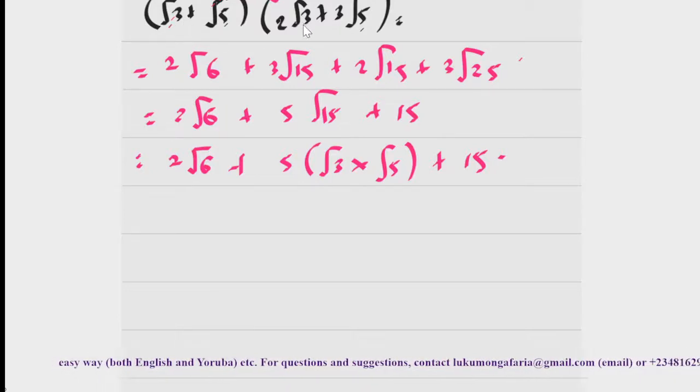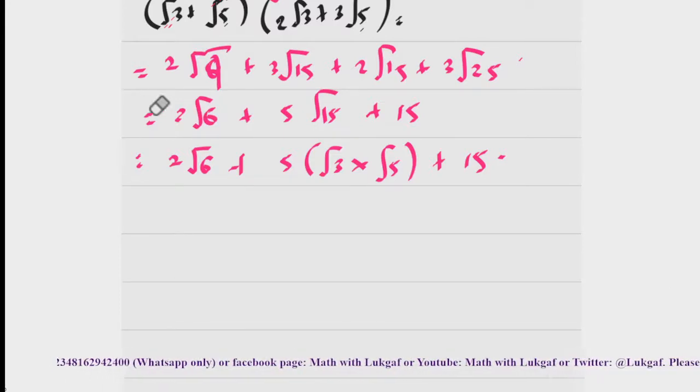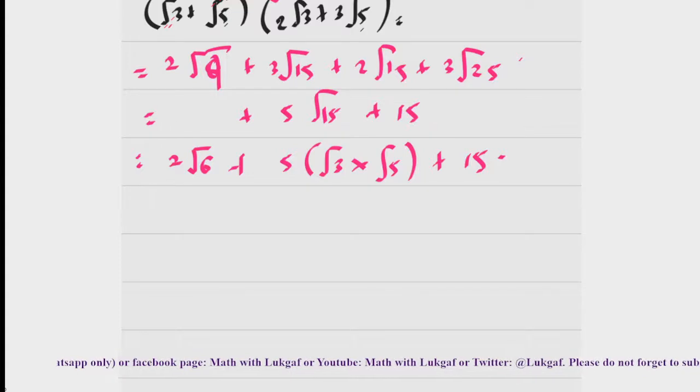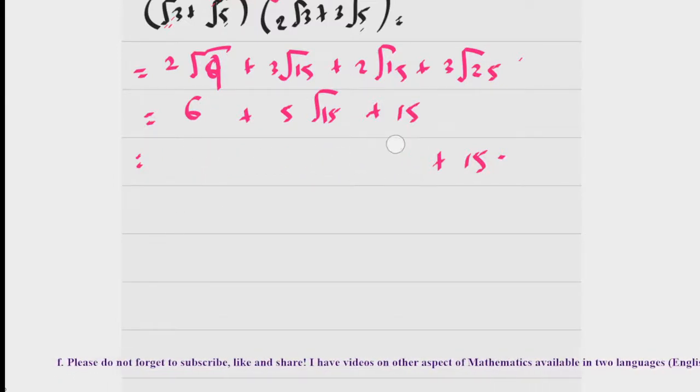Root 3 times 2 root 3 is supposed to give me 2 root 9, which is 2 times 3. Then I'm going to have 6 here, sorry. So this is going to give me 6. Yeah, 6. Then I don't need this again. So that's why you have to be very careful.